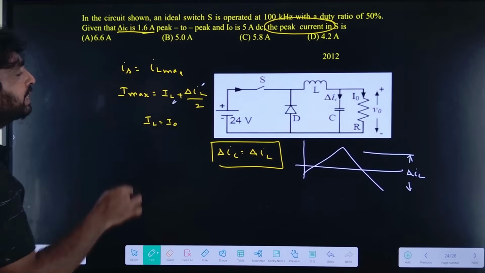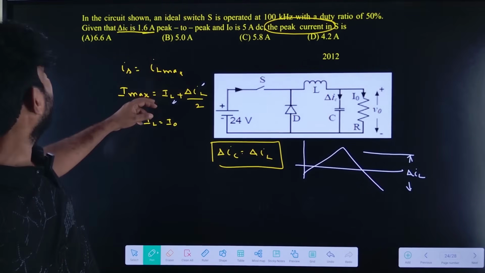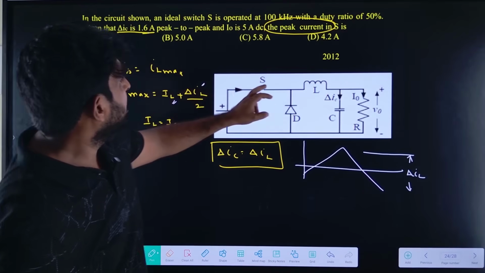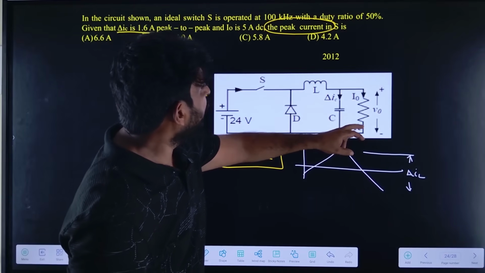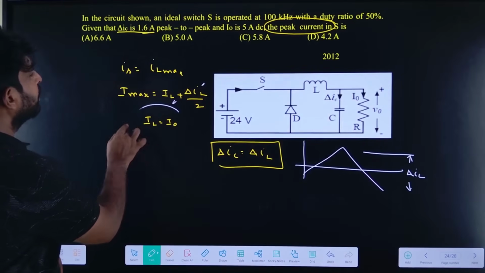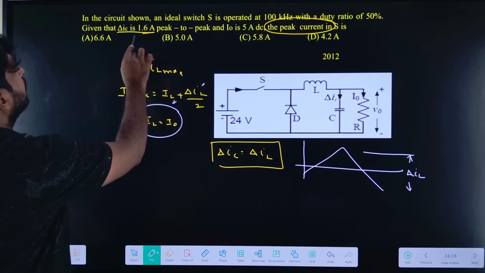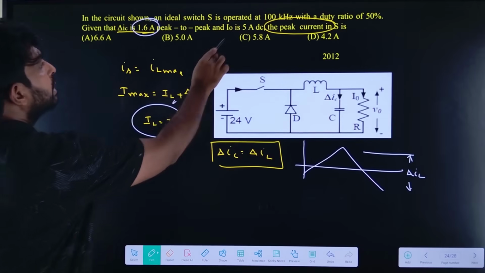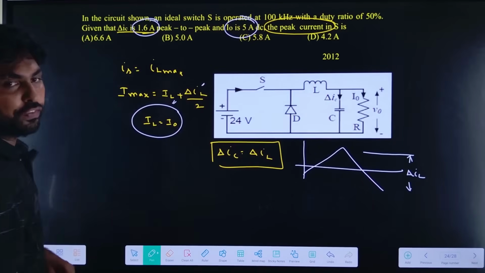So we need to find the IL. So how can we find the IL? We need to find the IL waveform. So let us see that 1.6, delta IL by 2. Let me find the delta IL by 2. I naught is also given, which is equal to 5 amperes.